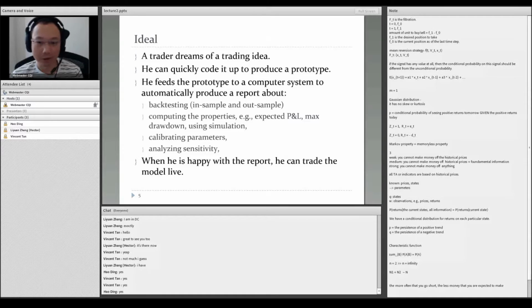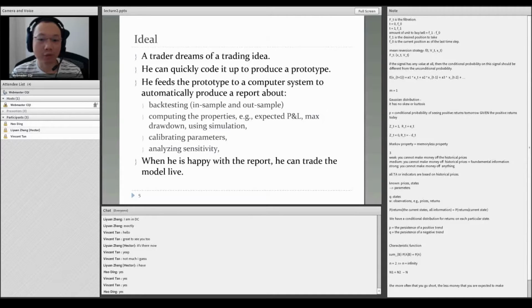So you see, in fact, this example, out-of-sample backtesting, computing P&L properties, parameter calibration, sensitivity analysis, they are all mechanical tasks actually. They are really no brainers. For every strategy, they are more or less the same. So ideally, you should have a computer system that can take your strategy code and just produce a report for you.